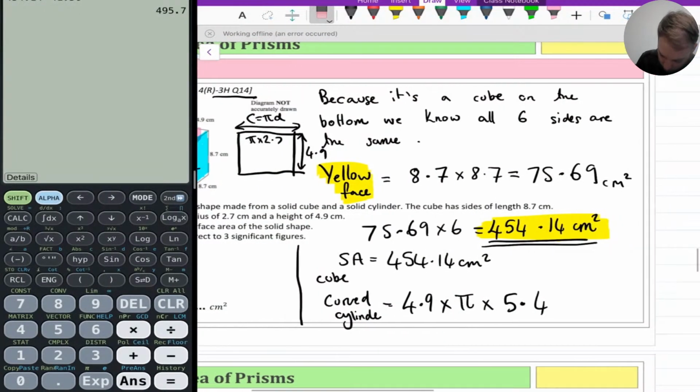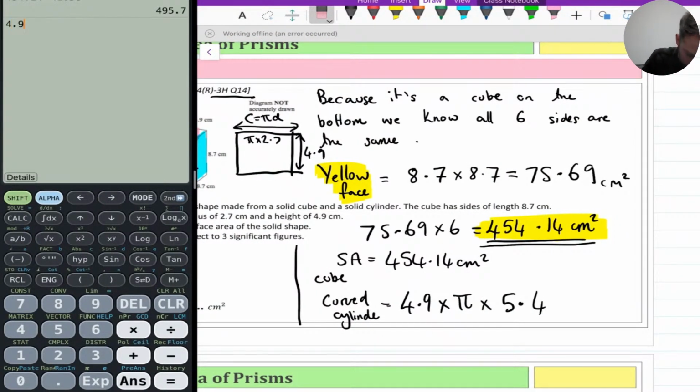Let's just work this part out first. So 4.9 times pi times 5.4, which is actually equal to, the curved part of this is equal to 83.1 centimeters squared. Brilliant. I'm so happy you spotted that.